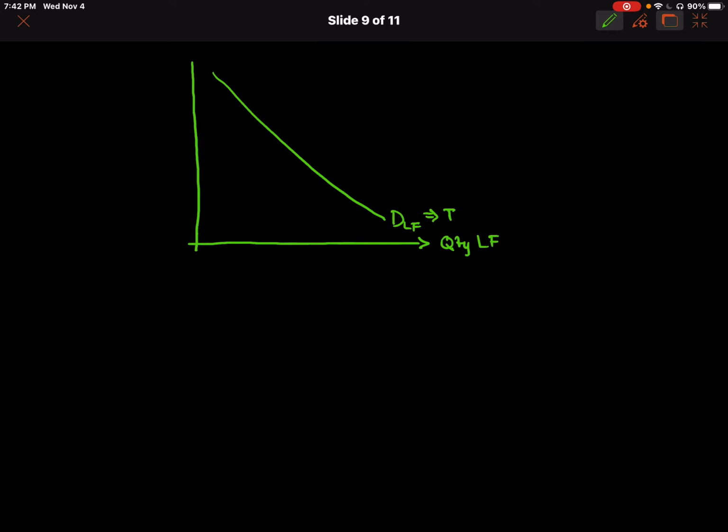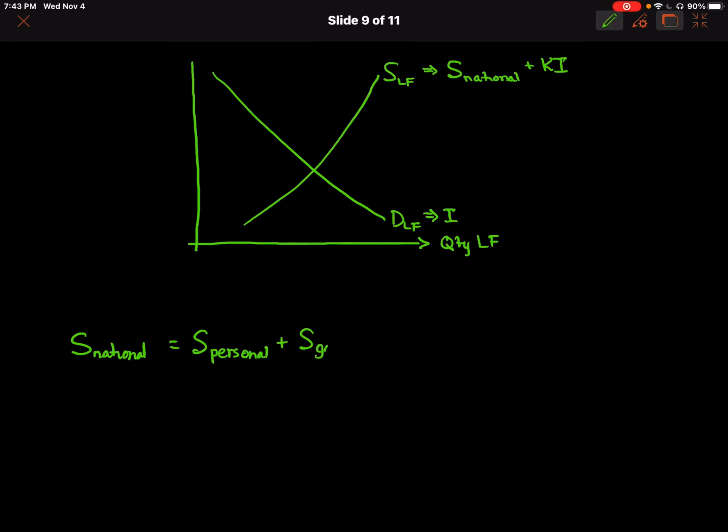So if you recall, our picture from earlier was that we had the quantity of loanable funds, and we had a demand curve for loanable funds that told us something about investment, and we had the supply curve for loanable funds that was a reflection of national savings plus net capital investment, and national savings is personal savings plus savings by the government.